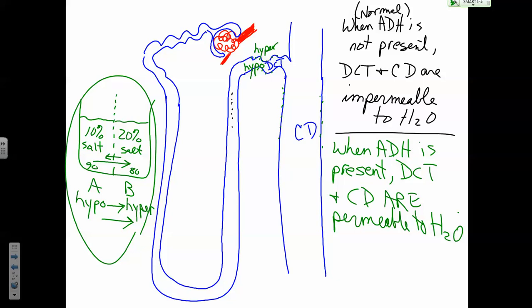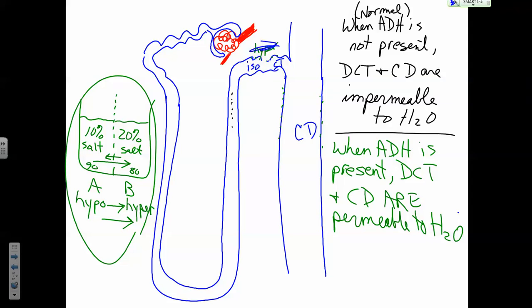So that water will move when ADH is present. If the distal tubule were isotonic, so remove hypo, and let's say, remove that. Let's make it isotonic.